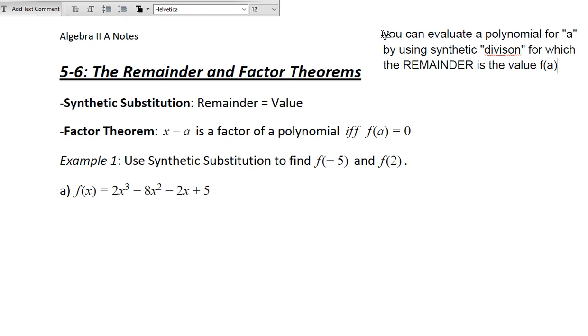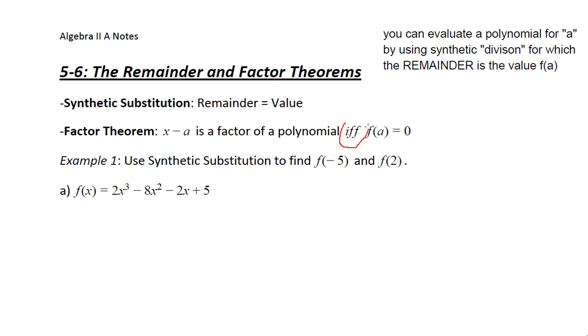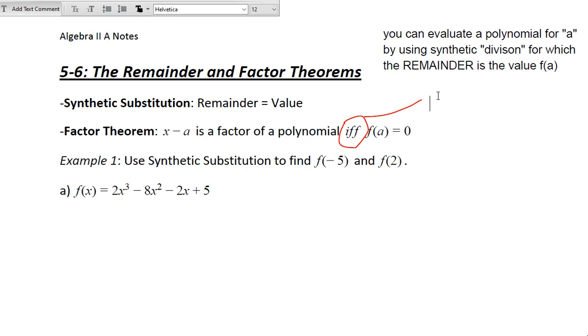The factor theorem, and one of the things that you may or may not have seen before, is this. The factor theorem says that x minus a, which we've used before, x minus whatever number, if we divide into it, is a factor of the polynomial IFF. What that means, this is a shorthand that we use in higher level mathematics, theories, proofs.